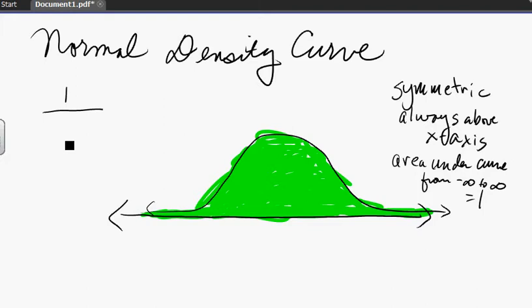The parameters are standard deviation, abbreviated by a lowercase sigma, and the mean. So it's 1 divided by sigma times the square root of 2 pi, times, and you'll love this part, times e to the negative 1/2 times x minus the mean, divided by that sigma number, all of that squared. This is the equation.